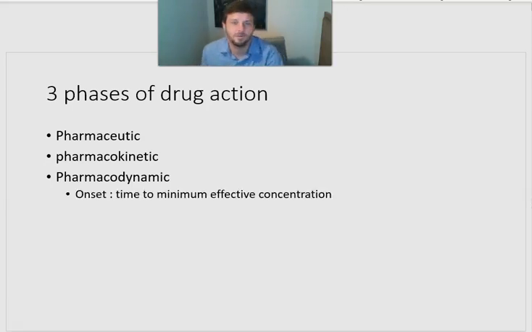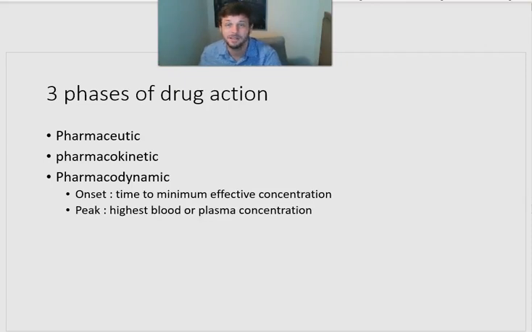Something else that goes with pharmacodynamics is how long does it take this drug to work? How long it takes to work is going to be the onset. So how much time does it take to reach the minimum effective concentration? How long does it take to start seeing an effect? That's onset. Then you have peak.